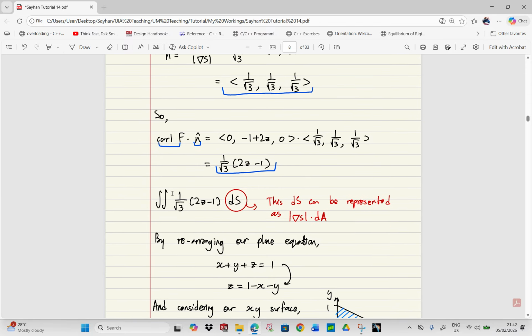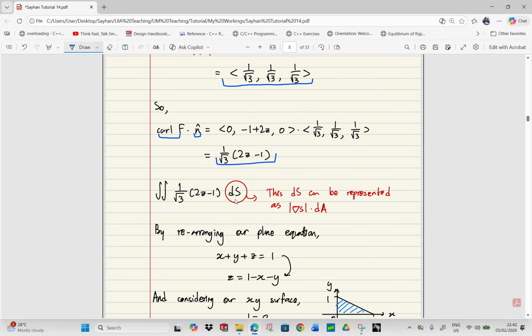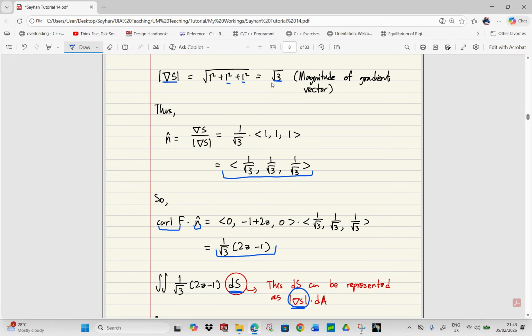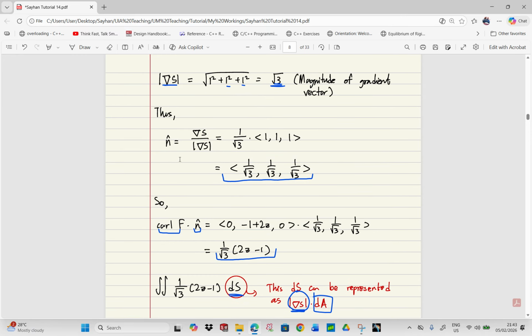Our dS can also be represented as the magnitude of the gradient vector that we found earlier, which was square root 3, times dA.